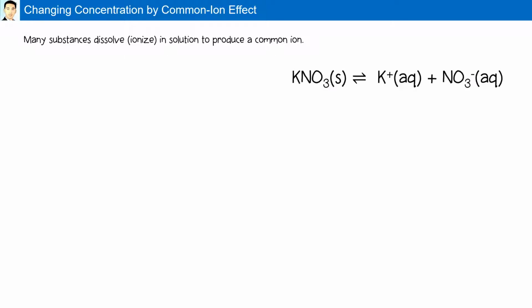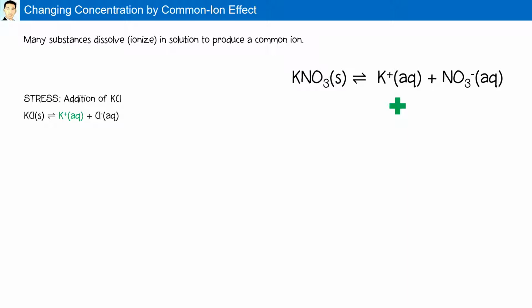Changing concentration by the common ion effect. Many substances dissolve or ionize in solution to produce a common ion. In an example, we have KNO3 solid, which dissolves into K+ ions and NO3- ions, potassium ions and nitrate ions. The stress is the addition of KCl. KCl dissolves in water to produce potassium ions and chloride ions.